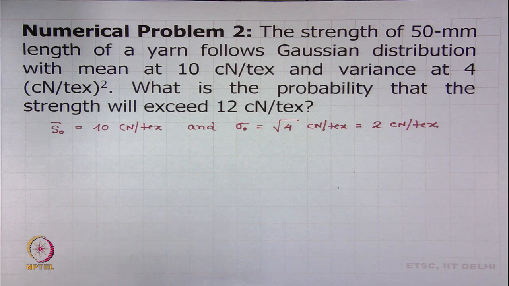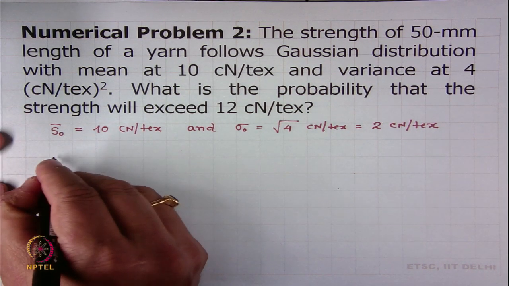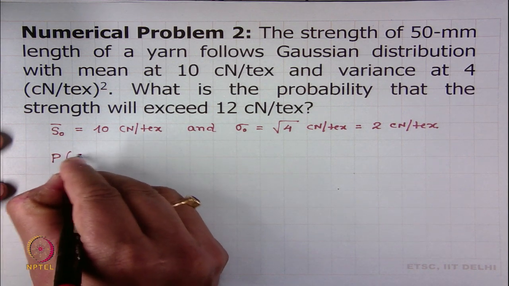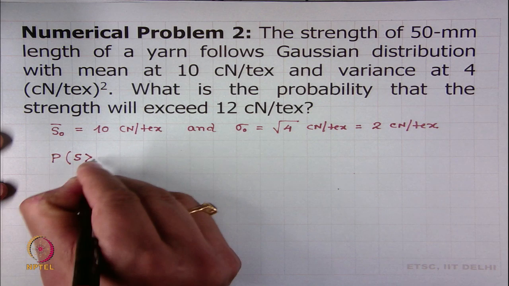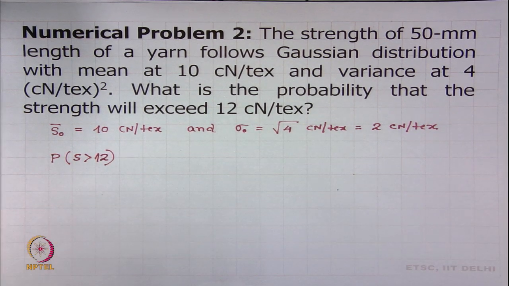If variance is 4 cm per tex square, then standard deviation is 2 cm per tex. What are you asked for? You are asked for the probability that the strength will exceed 12 cm per tex. So, you are asked basically the probability of strength being greater than 12. You are asked to find out this probability.